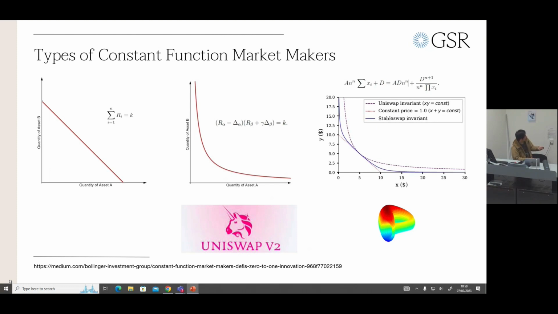This blue line here dictates the stable swap invariant curve. It's a bit flatter while still having these tails at the very end.